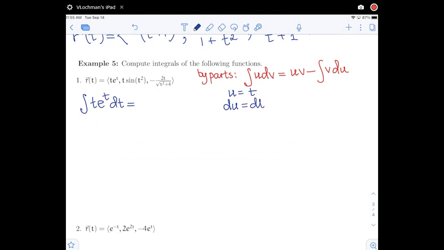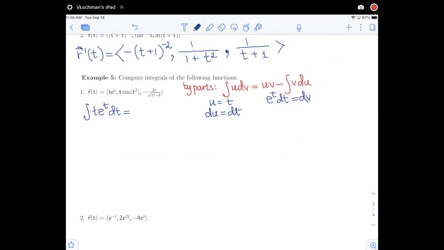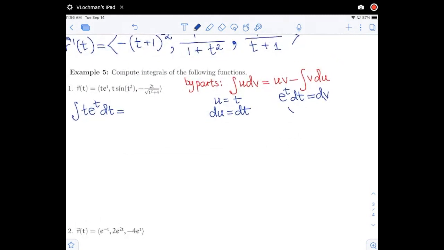That's the part where I set one function to be u and then find its derivative. What about my dv? E to the t dt, that's going to be dv, which means v is going to be e to the t. That's my v.